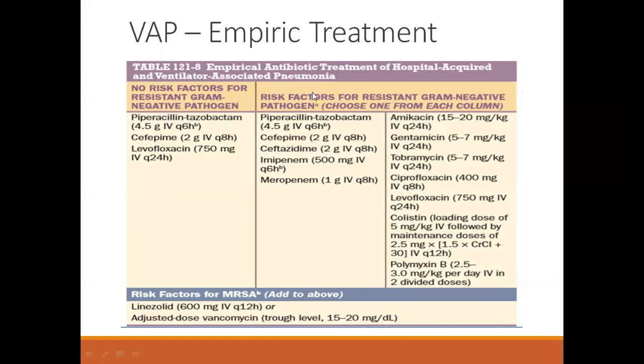Whereas for cases with risk factors for resistant gram-negative pathogens, you choose one from each column. You can have piperacillin-tazobactam, cefepime, ceftazidime, imipenem, or meropenem, plus any one from this column. If the case has a risk factor for MRSA, you can add linezolid or vancomycin.